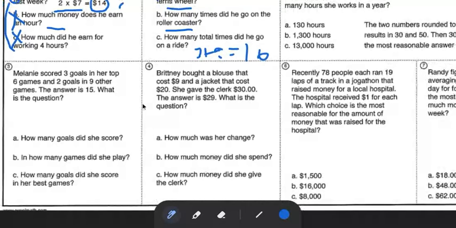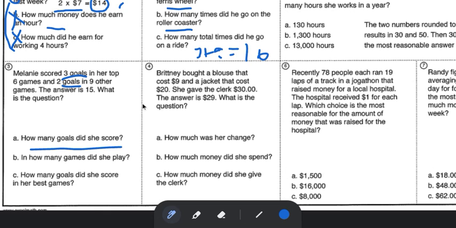Well, I notice that 6 games and 9 other games, when I put those together, I get 15. All right, so I think it's going to be asking about the games. How many goals did she score? Well, she scored 3 goals and then 2 goals.